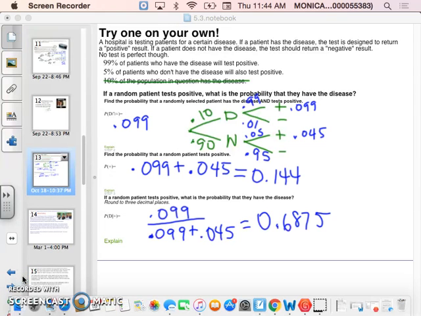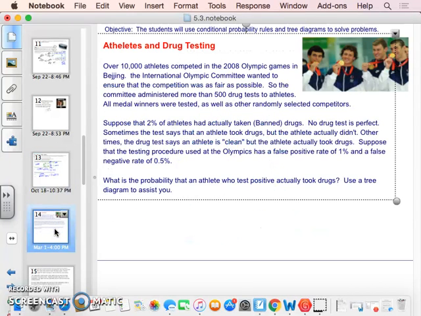We've got a couple more example problems that I'd like you to try on your own. We've got a situation with athletes and drug testing. So again, I would make a tree diagram. And when you read the problem, you'll understand this is going to be a positive and a negative result. And then we're going to talk about, from here, a false positive and a positive.